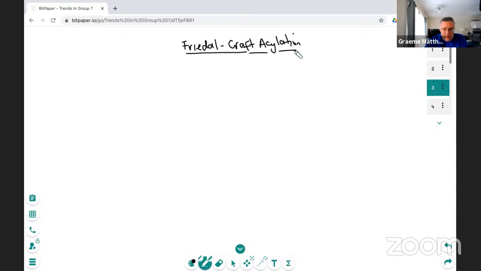The very first thing that I need to do is this bit. Step 1, generate the electrophile. Need to generate the electrophile.